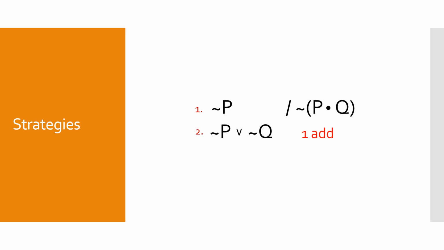So in this case, remember addition, if I have a disjunctive statement, I can literally stick anything in as a second disjunct and it will still be a true statement, because disjunction is only false if both sides are false, and we've already assumed that not P is correct. So if I take not P, I can stick anything I want, and in this case it'll be not Q on the other side. And from there I can use De Morgan's law to simply draw the conclusion I'm aiming at.